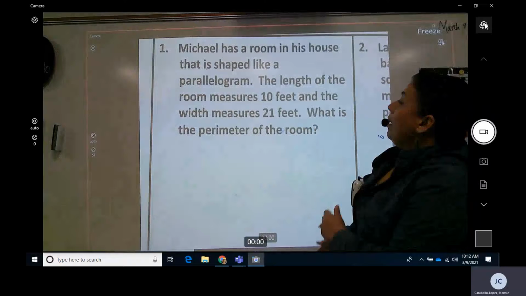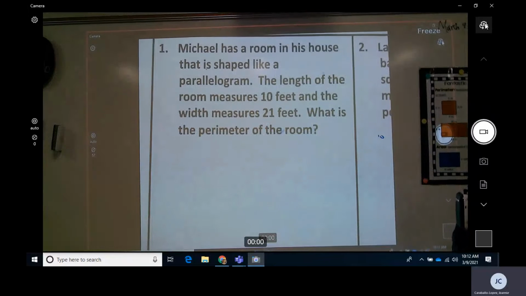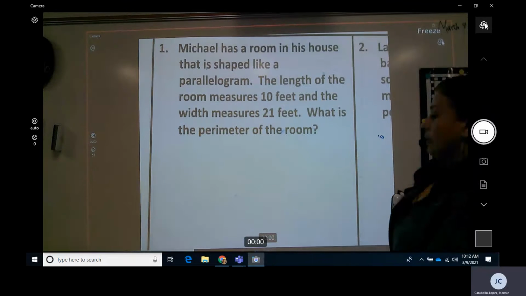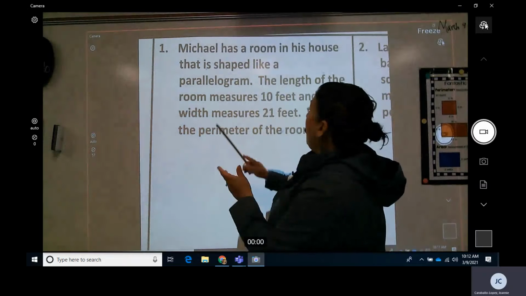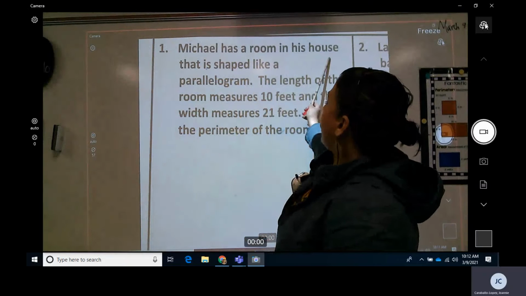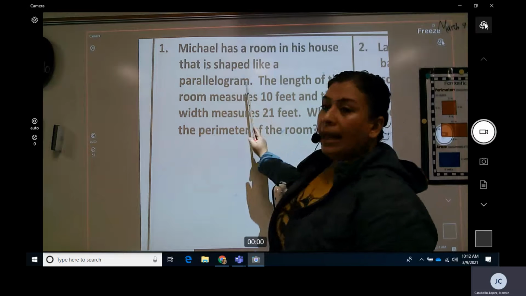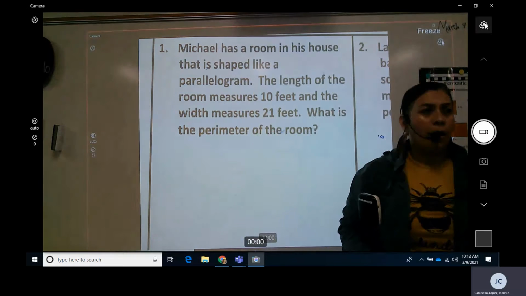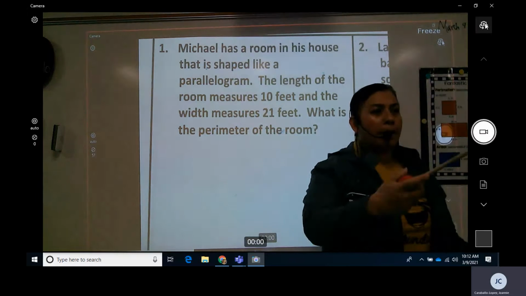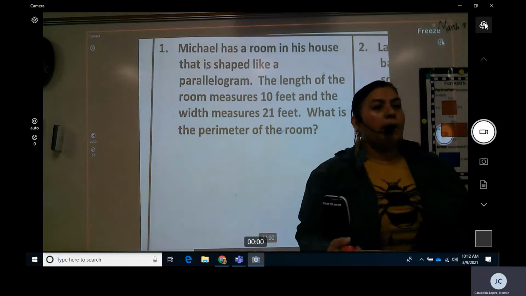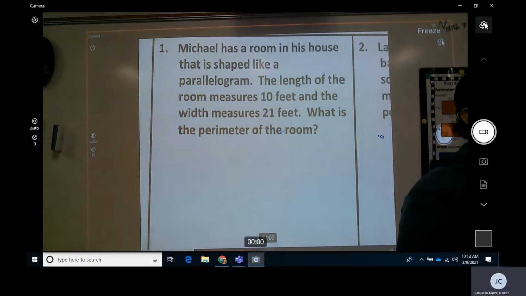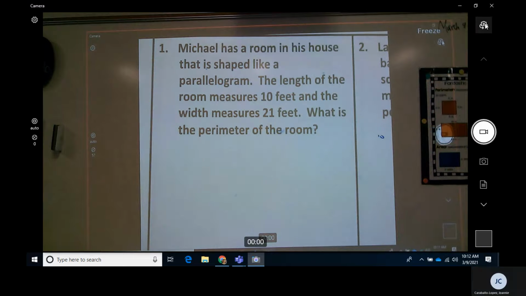All right. So the first problem, everybody's doing this in their notebook, and it says, let's do this together. It says, Michael has a room in his house that is shaped like a parallelogram. If we don't know what a parallelogram is, you can look back there, okay? A parallelogram has 4 sides, right?